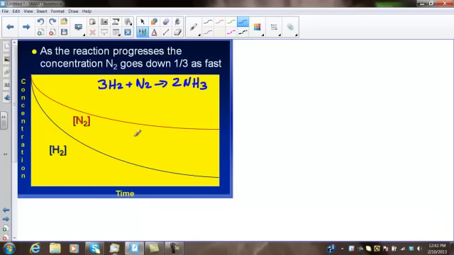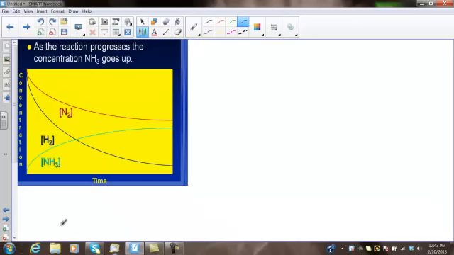Well, how do we know this? If we take a look at the balanced reaction, we can see that you need 3 times as much hydrogen to combine with nitrogen to form the ammonia. So the hydrogen is going to get used up a lot faster than the nitrogen. And as the reaction proceeds, the concentration of NH3 will go up.